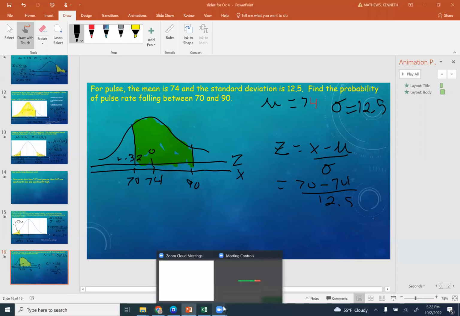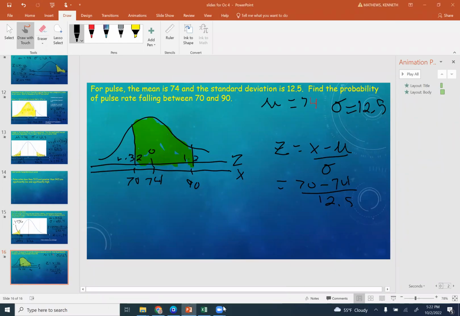So I go up here and put 1.28. All right, so now I'm going to go to negative 0.32 on my z table. The negative 0.32 is 0.3745. That means this area right here is 0.3745.